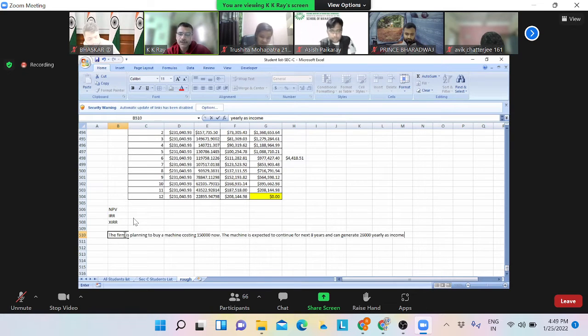Should you recommend to buy the machine?